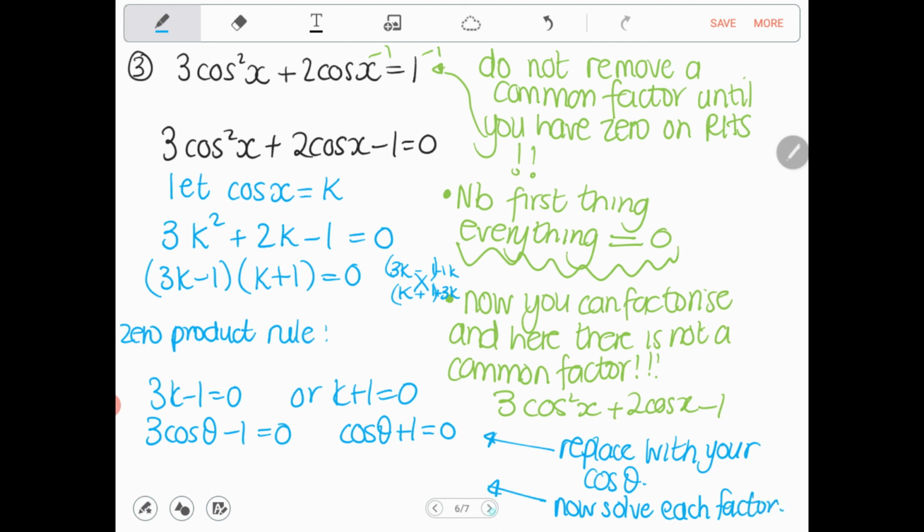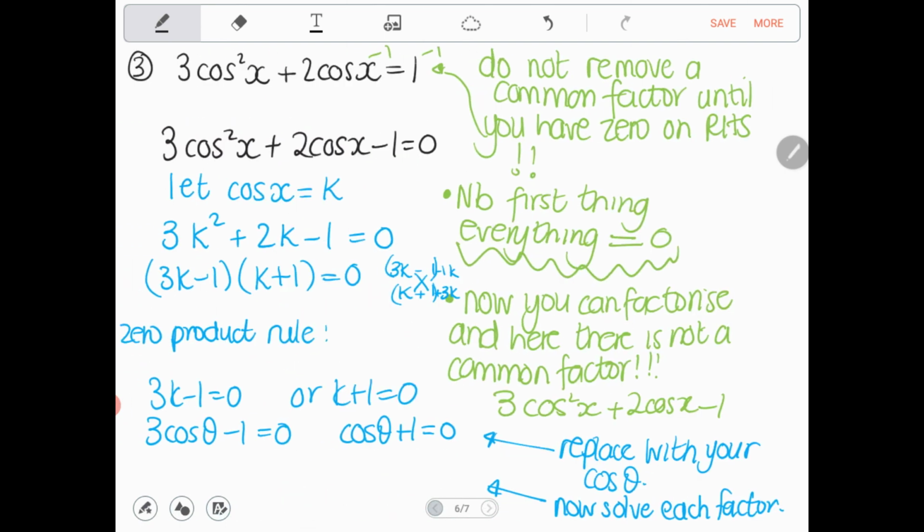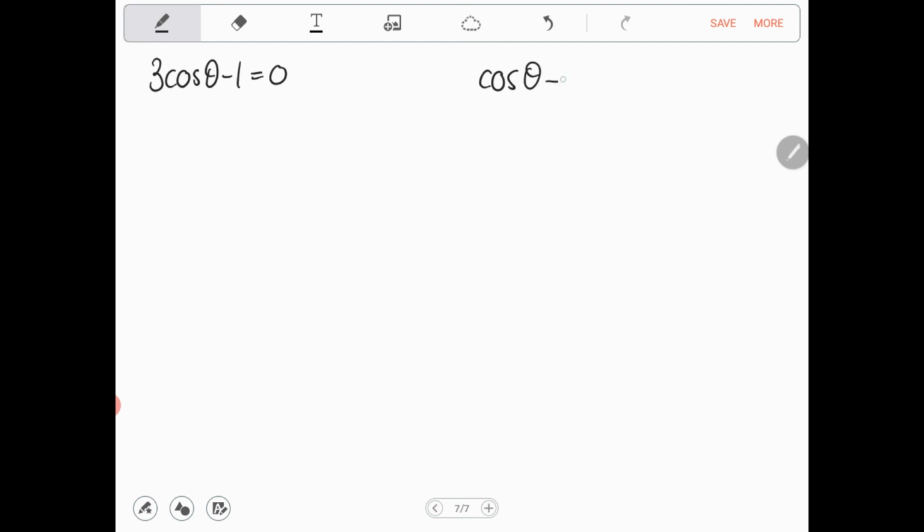So let's take, sorry, let me just go back to black. 3 cos theta minus 1 is naught, and the other one was cos theta plus 1 is naught. Okay, so there's my two factors.